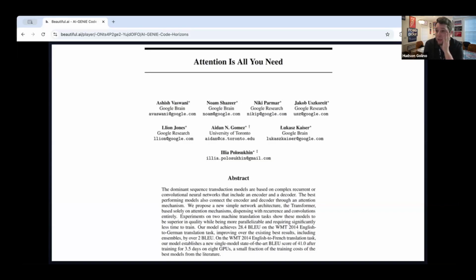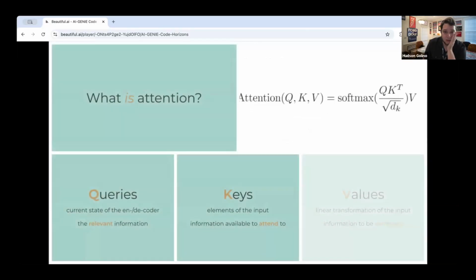This paper has almost 200,000 citations, and it was published in 2017. What Google Brain did was discover a way to represent attention mathematically in deep neural networks. And that's why it was so groundbreaking.